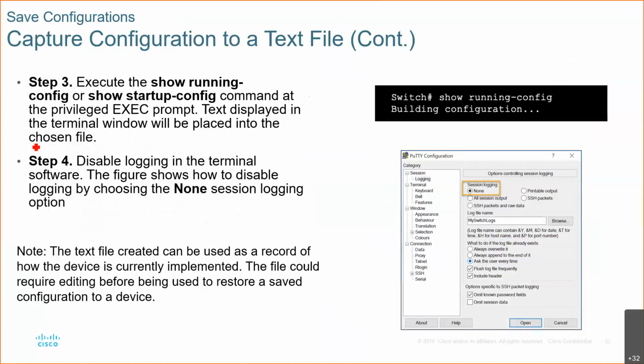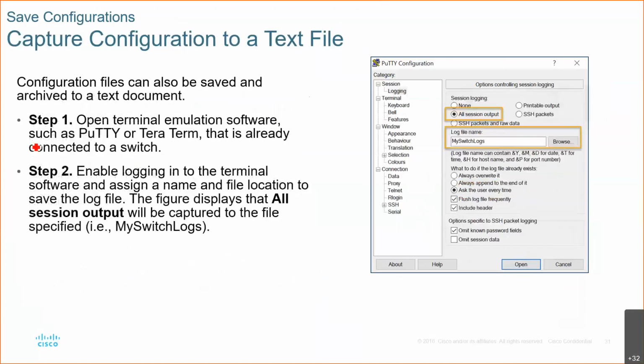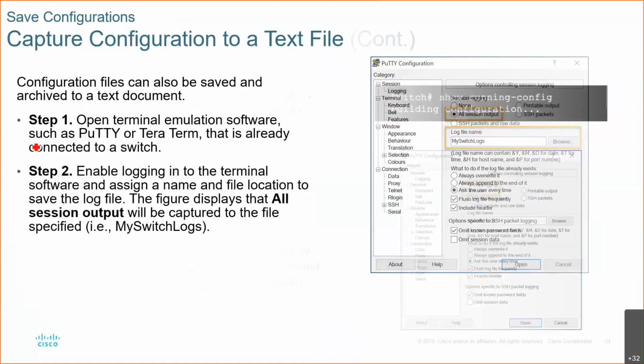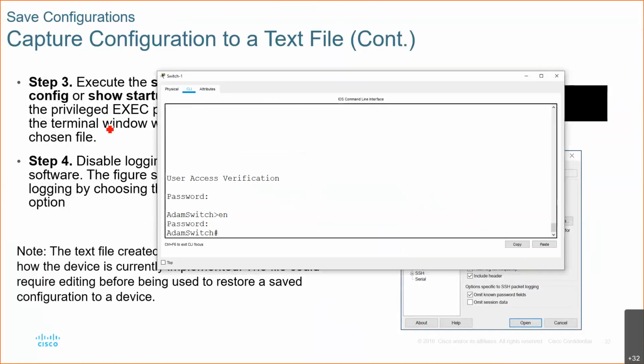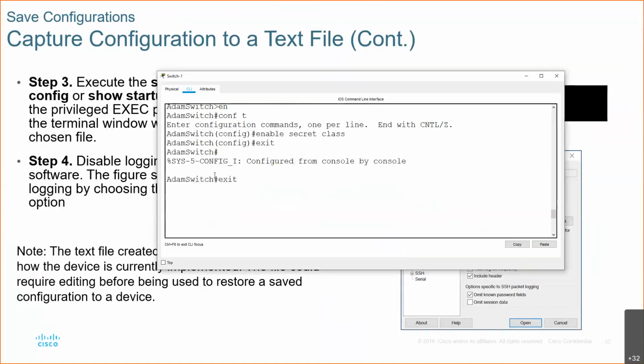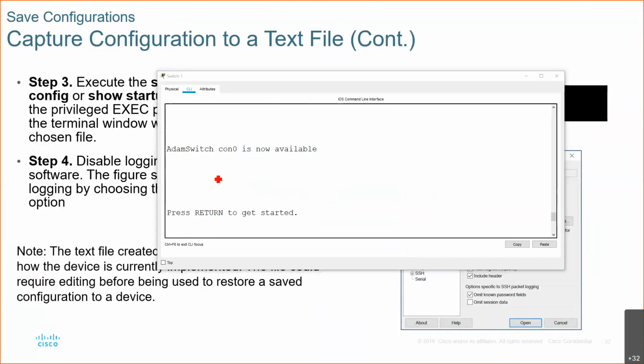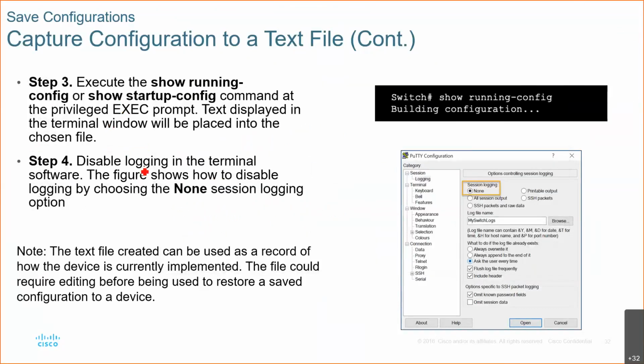Saving all your changes to your text file, these are the steps which you can follow. In case of Packet Tracer, you don't have to worry about that because the history of your commands is all given over here. But if you're using the real equipment, then you have to worry. If you want it saved in a Notepad file, in a text file, then you follow these steps.